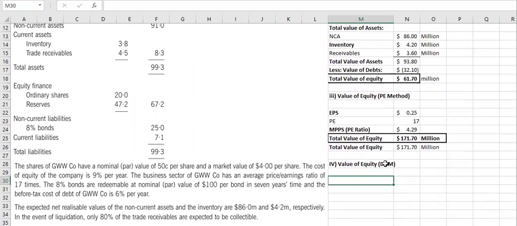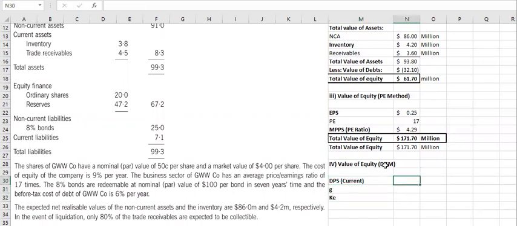So we need dividend per share, DPS, and it should be the current dividend. We need growth. And we need cost of equity. We need these three variables to find out the market price per share.